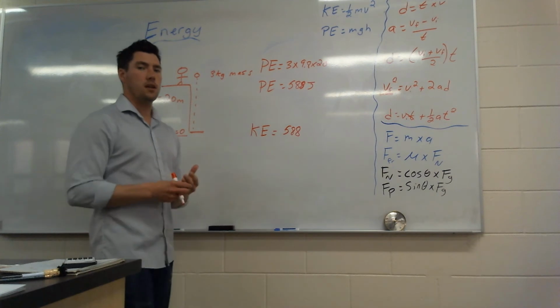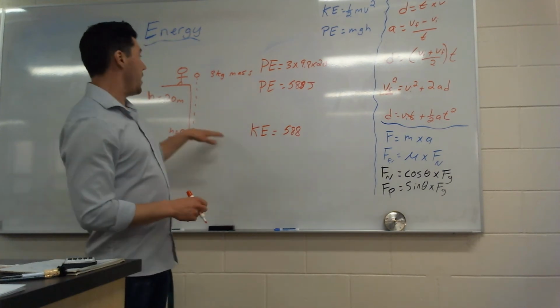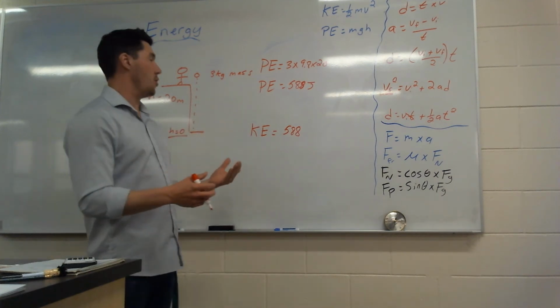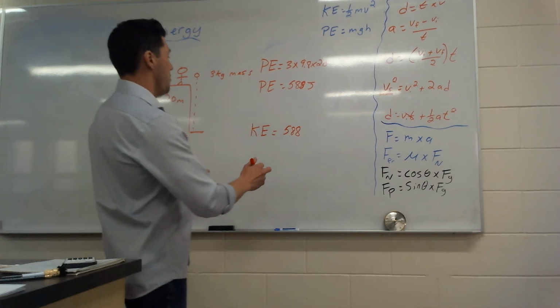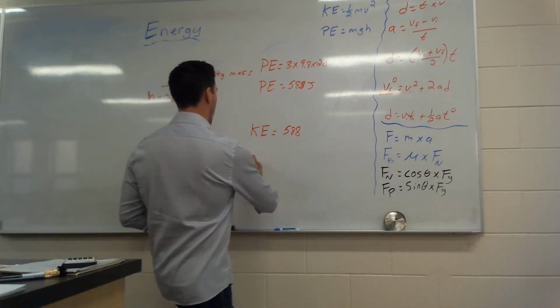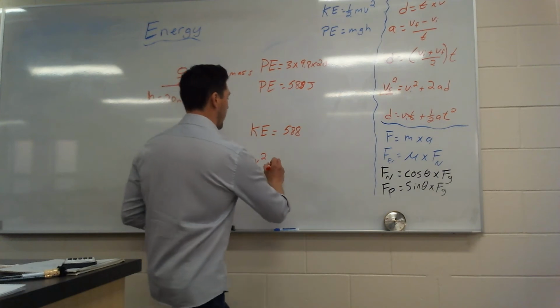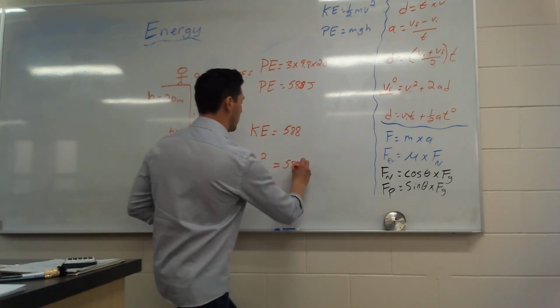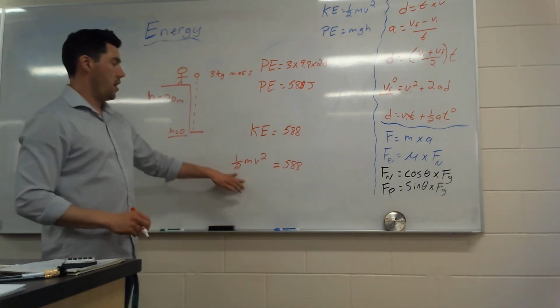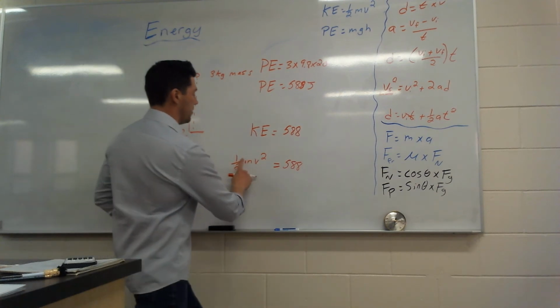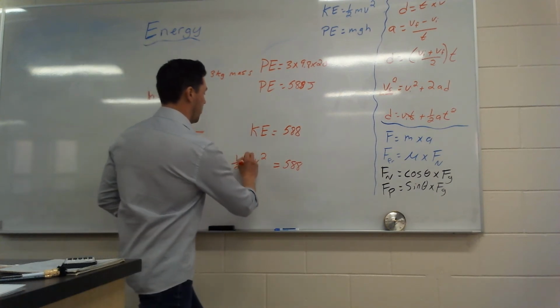If I use that kinetic energy, I can figure out how fast it's going, the velocity. So let's actually use this. My formula is 1/2 mv squared, and I know that it has to equal 588. I have a mass of 3.